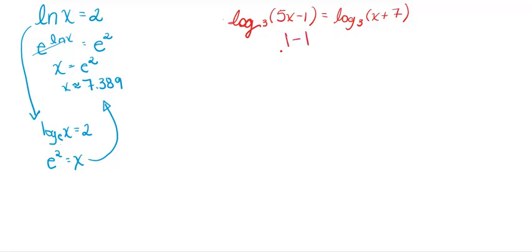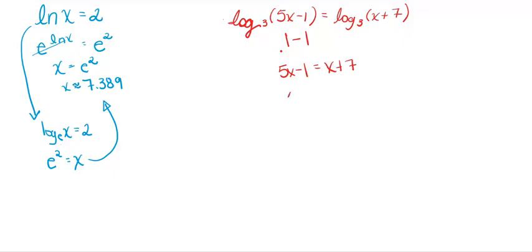Remember, log base a of x equals log base a of y if and only if x equals y. Well, if we set 5x minus 1 equal to x plus 7 and solve for x, we can make this a true equation. Or I should say, this would be true if 5x minus 1 equals x plus 7. So we're letting that be true, and we're going to solve for x.